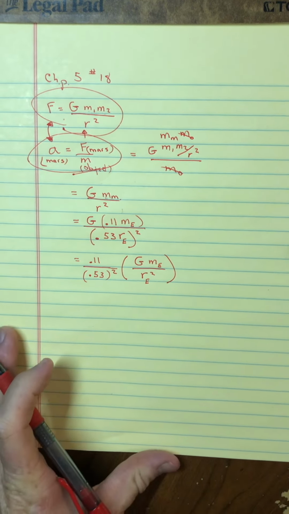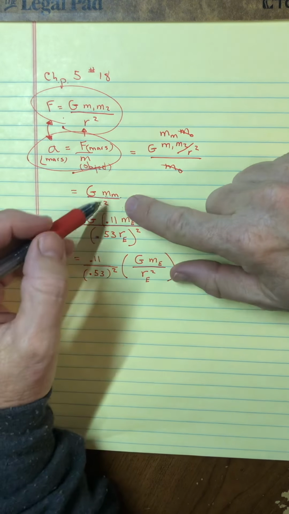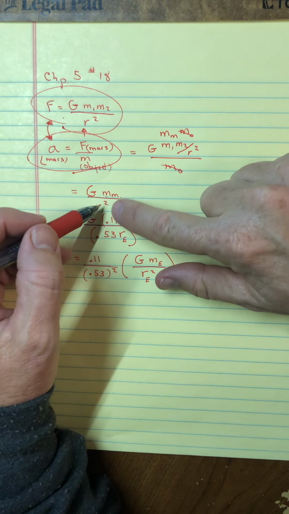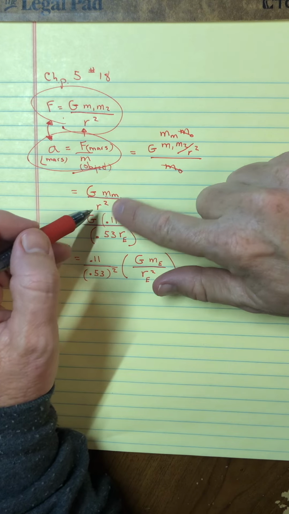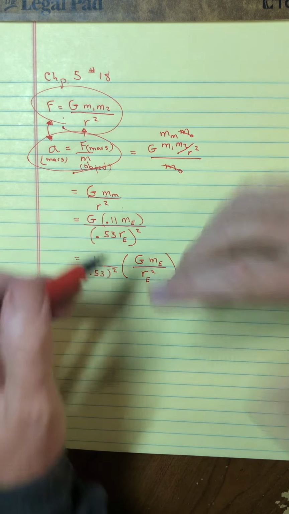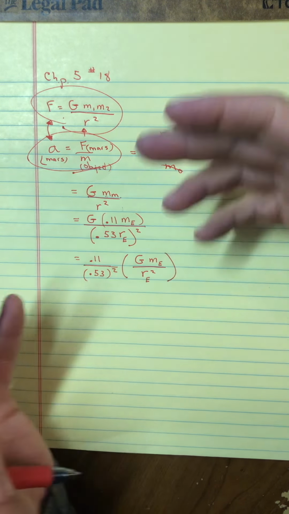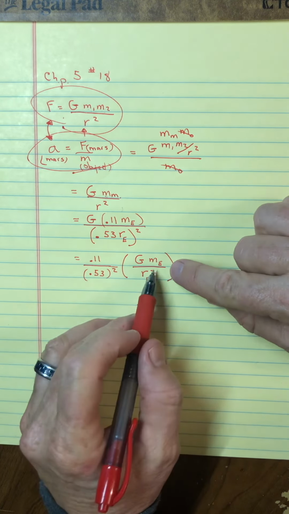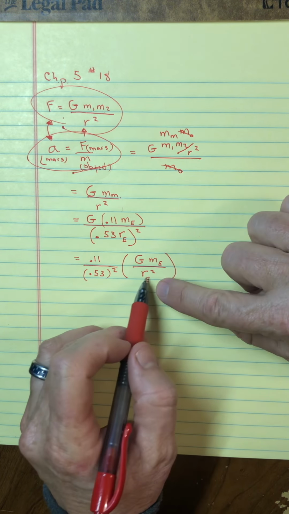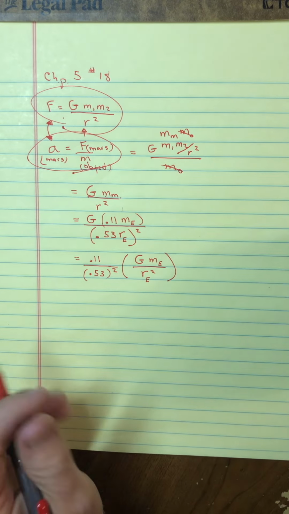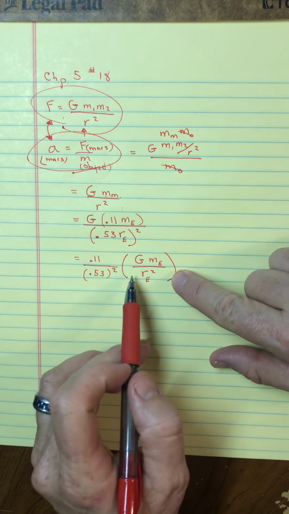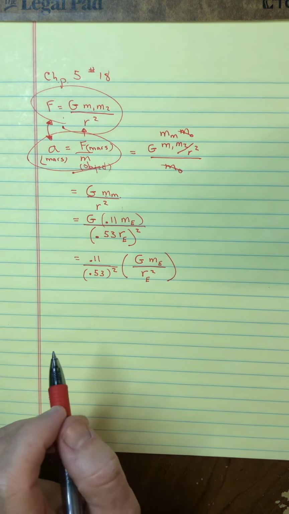Okay. And so, like I said earlier, we could have just gone back here and looked up the mass of Mars and the radius of Mars, and be done with it. Now, we've changed it into something a little different, where we are going to have to look up the mass of the Earth and the radius of the Earth. And then whatever we get, we would then multiply by that number.